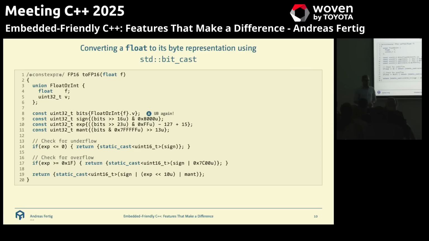But the problem is that even with this solution, you start reading a non-active member of the union. So this is UB, you cannot read the inactive member. So maybe if you send me the code later, I can check it. Maybe I misunderstood it, but I don't think there's a way to do that.